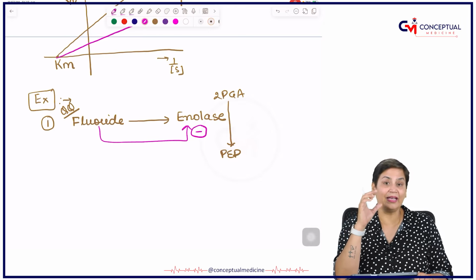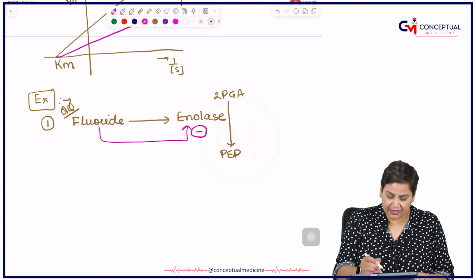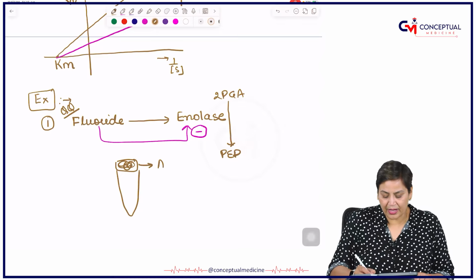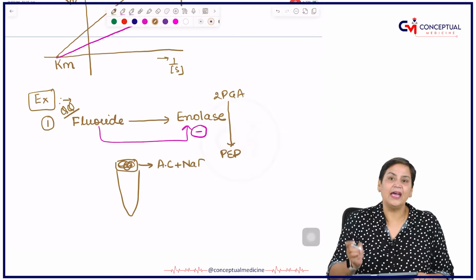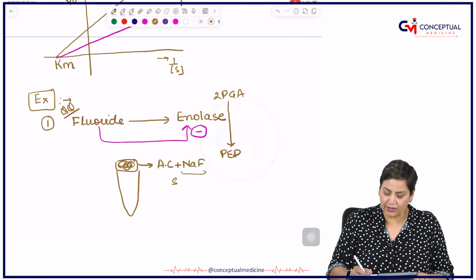So he is going to take that gray vacutainer. What is the purpose behind that gray vacutainer? Say this is the vacutainer. In this vacutainer, an anticoagulant is added, along with this sodium fluoride is added. And what is the purpose behind this? Sodium fluoride is going to stop glycolysis.